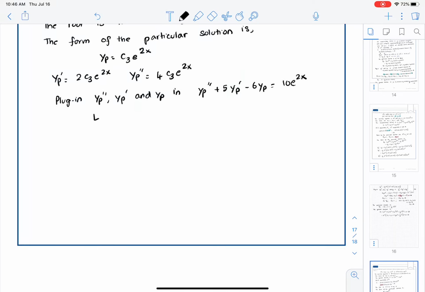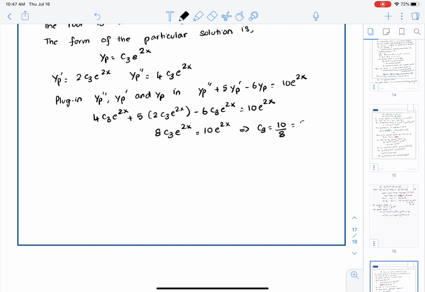So we have 4c3 e raised to x plus 5 times 2c3 e raised to x minus 6 c3 e raised to x equals 10 e raised to x. That would give us 8c3 e raised to x equals 10 e raised to x, giving us c3 to be 10 over 8, which is 5 over 4.